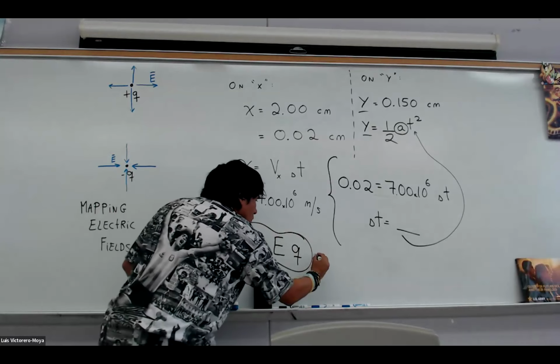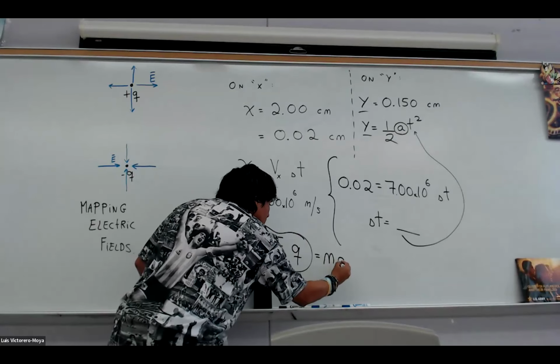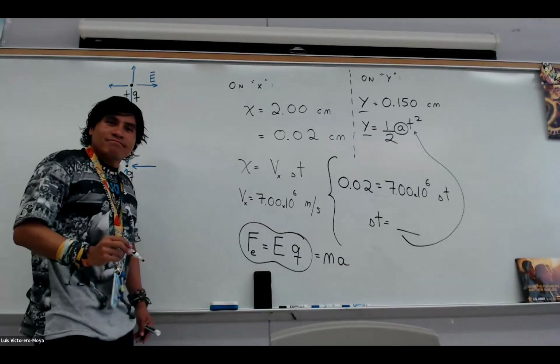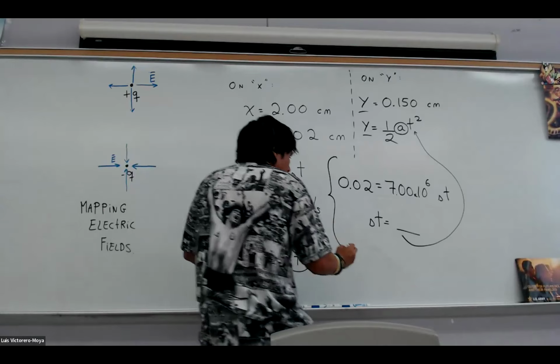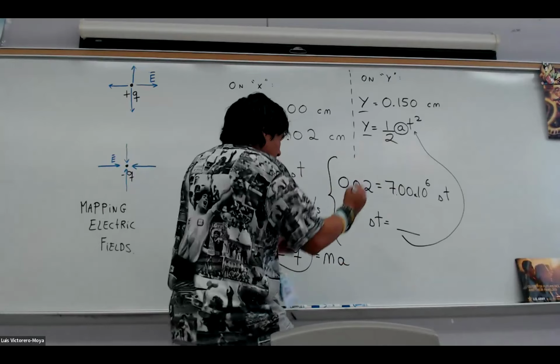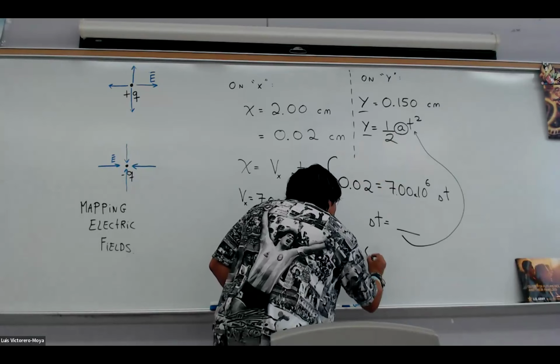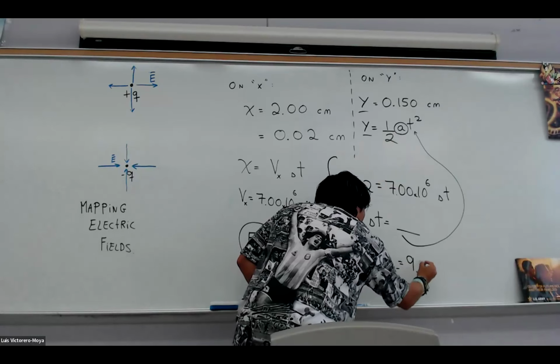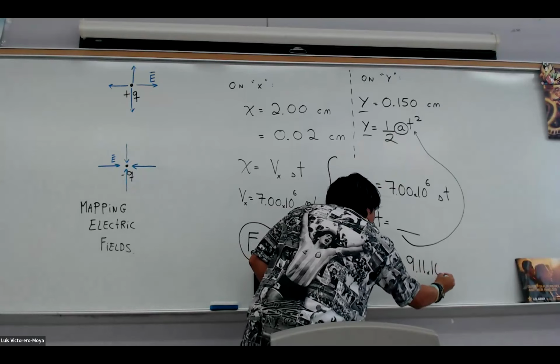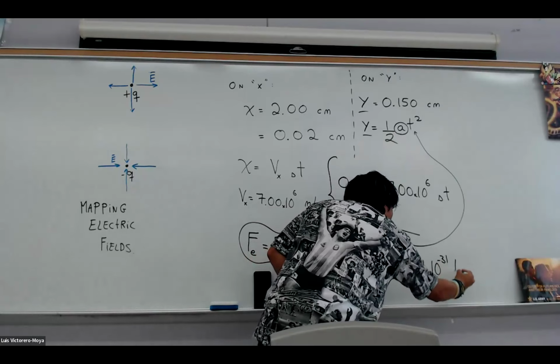Now that's force. That's also equals to mass times acceleration. The mass of the electron, if it's not there, you can look in a textbook, but mass of the electron is 9.11 times 10 to the negative 31 kilograms.